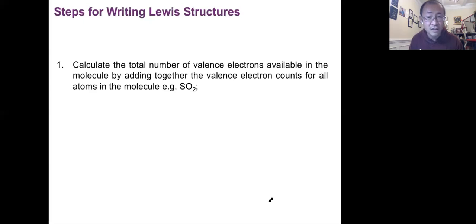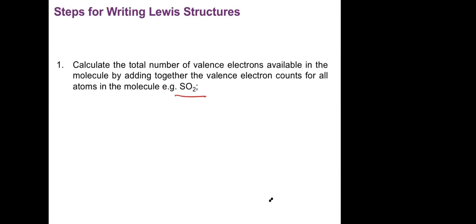Why do we only care about valence? Because only the valence electrons are used for bonding. We talked about it in chapter 4 already. Chemistry is the chemistry of valence electrons. So if I use the molecule SO2 as an example to show you the steps, can anybody tell me the total number of valence electrons for SO2? Caroline, can you tell me?